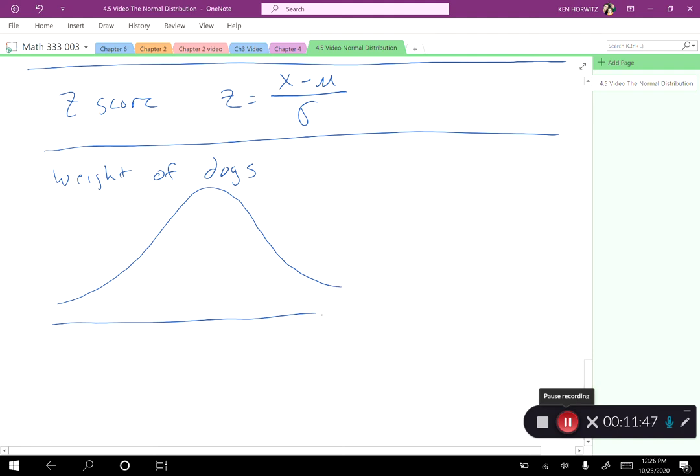So I do not know if these numbers are true. But let's say it is normally distributed. Let's say our mu is 69 and our standard deviation is, let's say, 2.8, and these are in pounds.